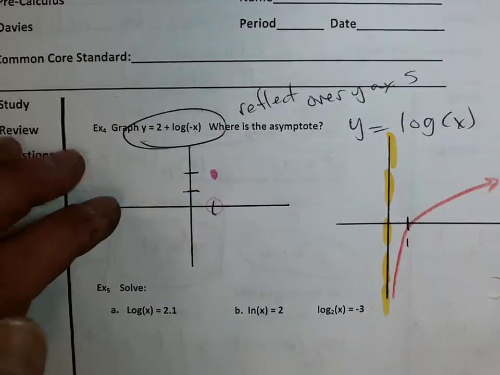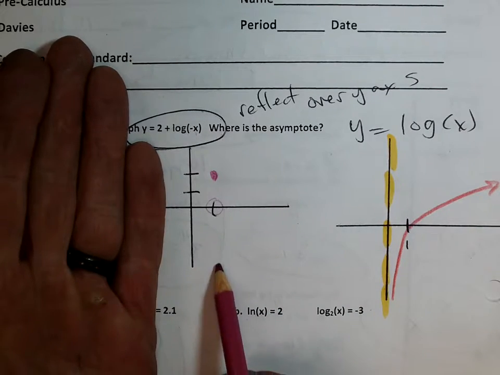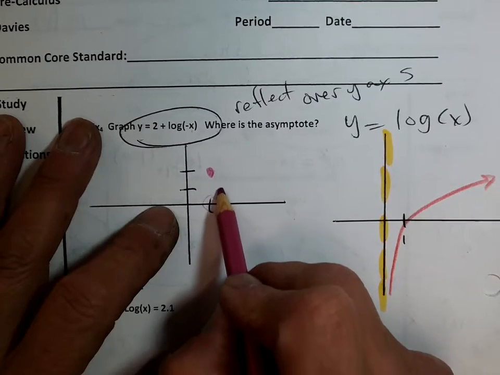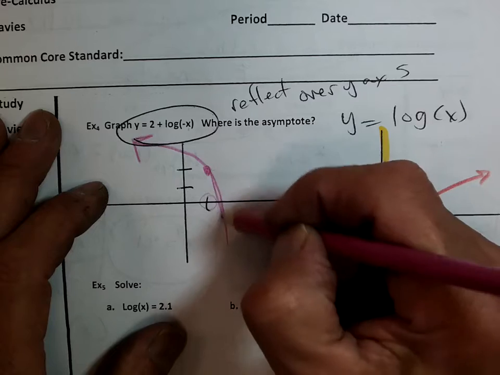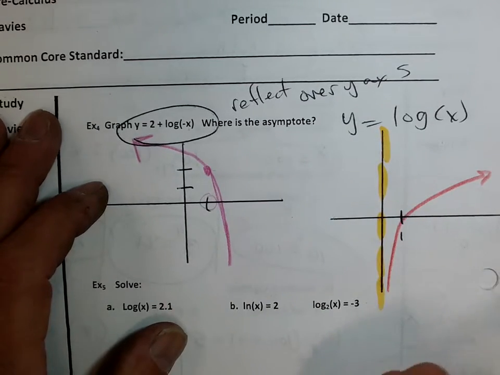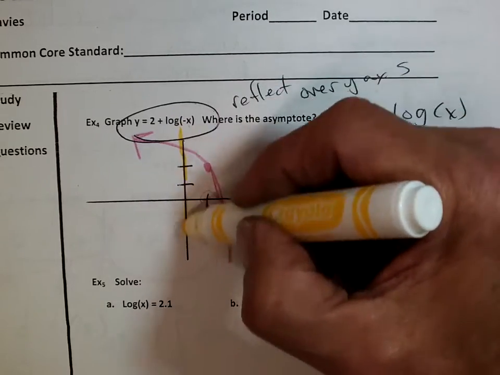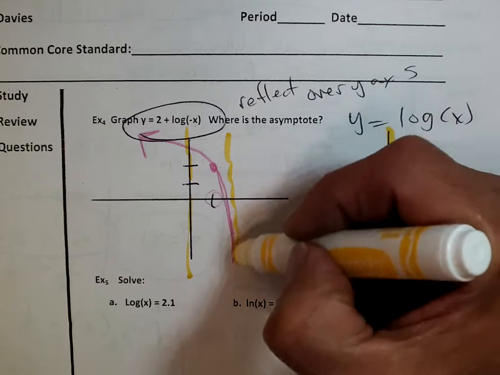So we're going to reflect it, and it's going to go kind of like that. So the asymptote isn't there. The asymptote is shifted. So it was here, and now it's got to be here.